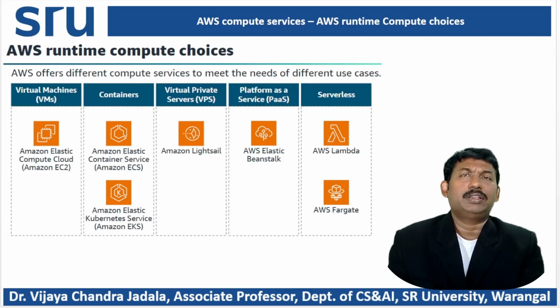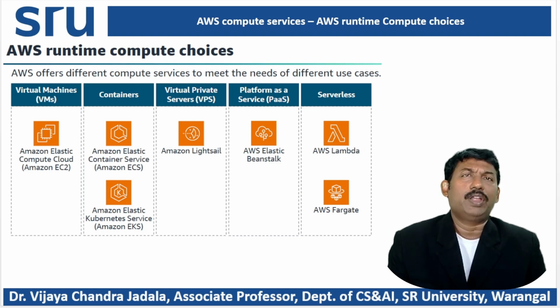The next concept is AWS runtime compute choices, the different choices you can use for the runtime based on your different use cases and requirements. For general purpose virtual machines, you use Amazon EC2.